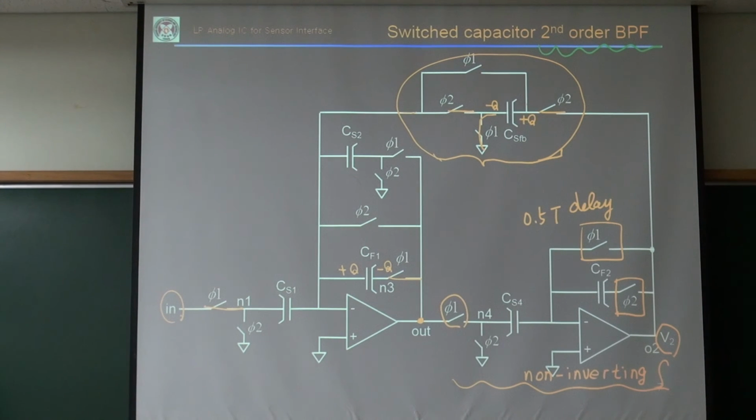Then I think you can derive the z-domain transfer function here. How can you derive a z-domain transfer function? Here and here, I don't have any problem. Let's just see. Auto zero, and here, let's just see.